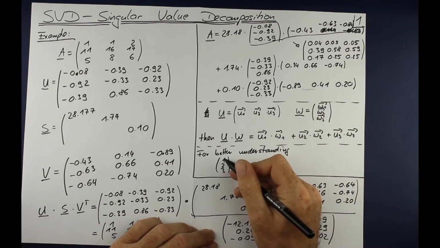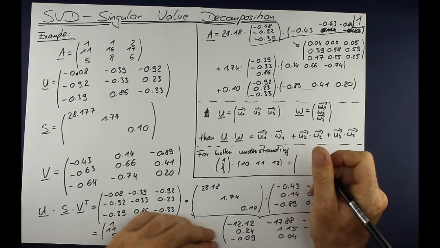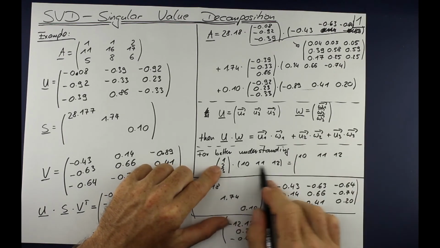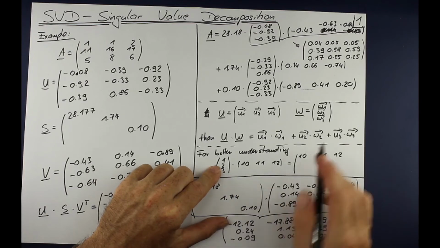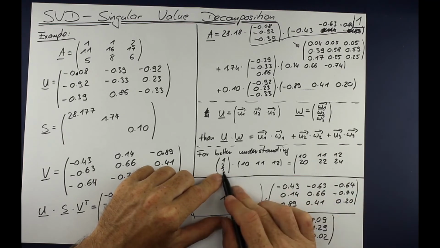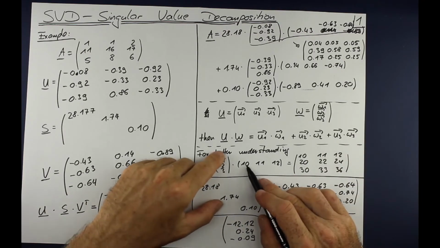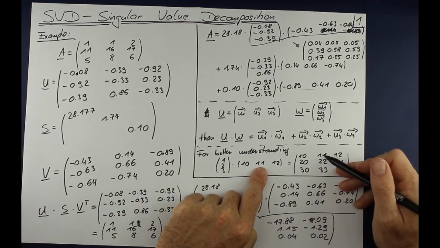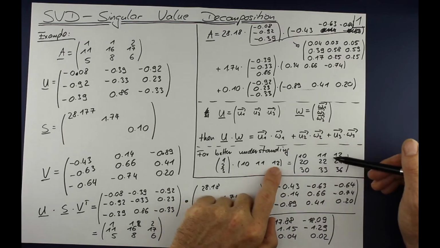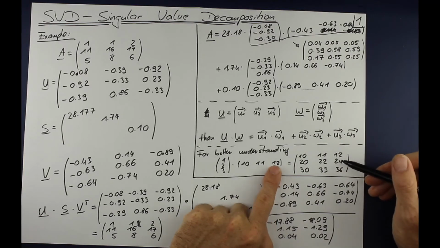If you have a column matrix times a row matrix, then the result is: take the first line times 1, take the second line to be 2 times this, and take the third line to be the result of 3 times that row. Or alternatively, take 10 times the first column, take 11 times this column, and then 12 times this column, and you get that.